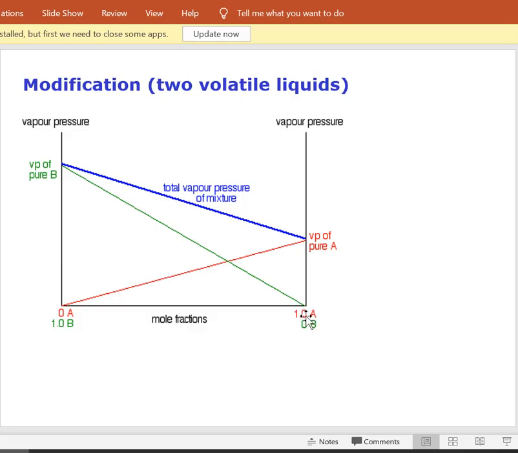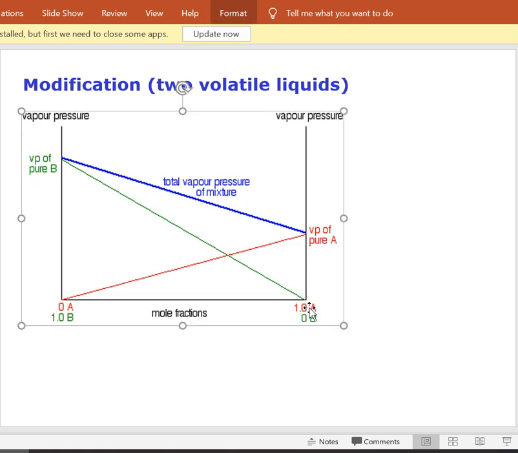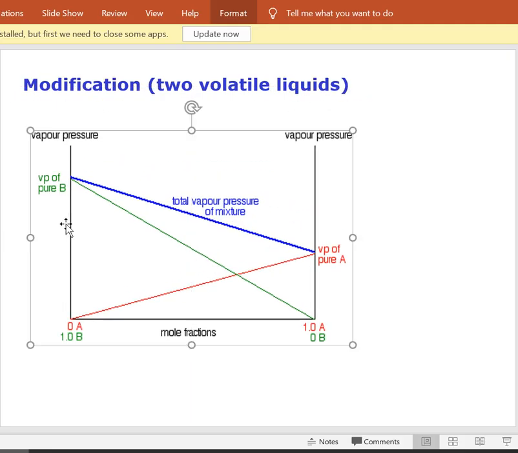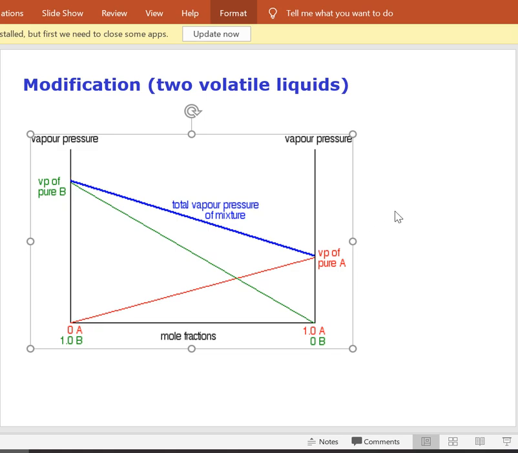In case of B, we see in the graph, vapor pressure is directly proportional to mole fraction, increasing, and it becomes 1 at pure. And this line is showing the total vapor pressure of the mixture, that is, component A and component B.